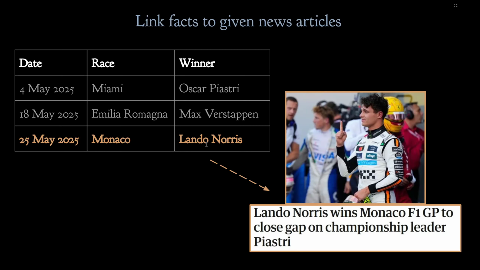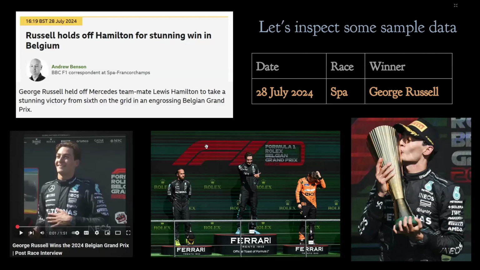Verstappen has had some race wins, and so has Norris. Every week it's really interesting to see what will happen. And if you have an article that says that Norris won in Monaco, then clearly we want to be able to record that in our results table and say, well, okay, clearly Norris won the race in Monaco in May 2025.